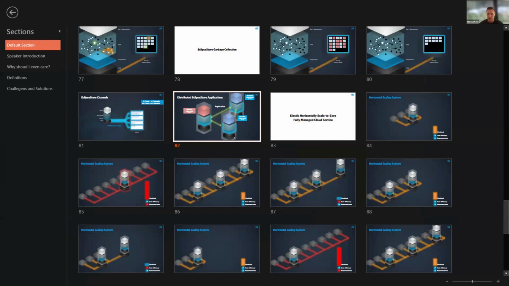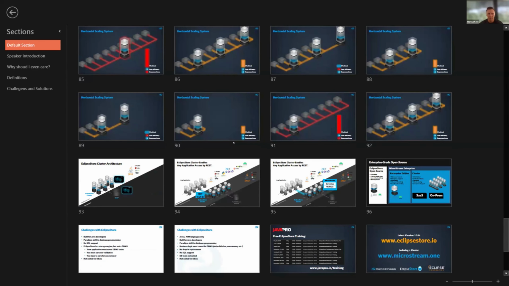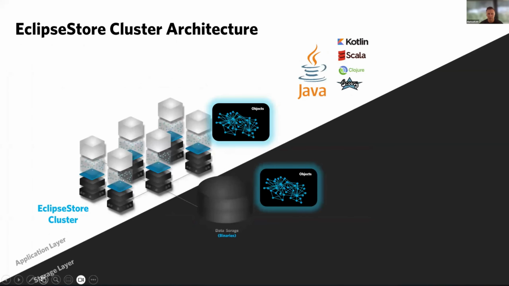And the MicroStream cloud provides you elastic scaling, so that your system is able to scale out fully automated, very easy to configure just by some mouse clicks. And then you are able to run an EclipseStore cluster. So you can see the cluster architecture is very simple.